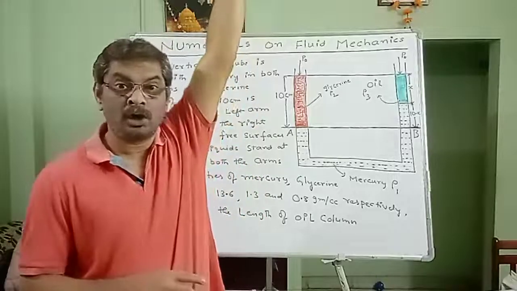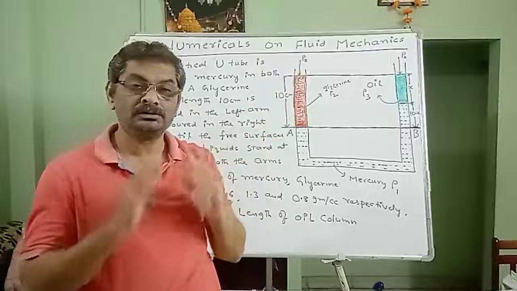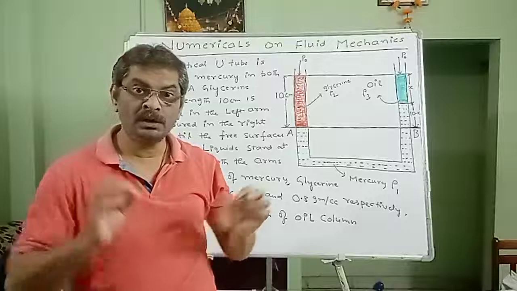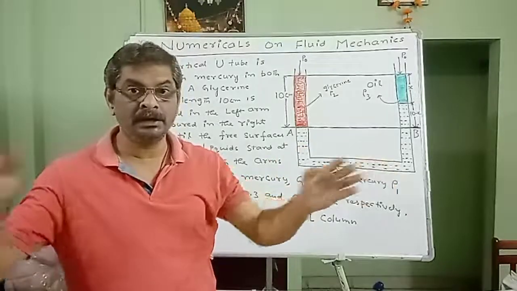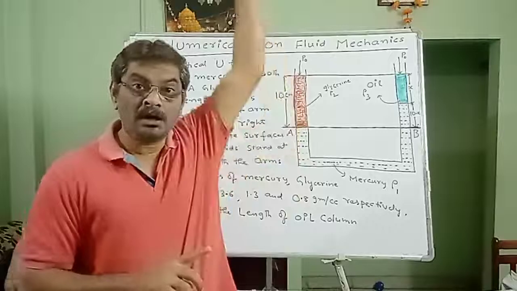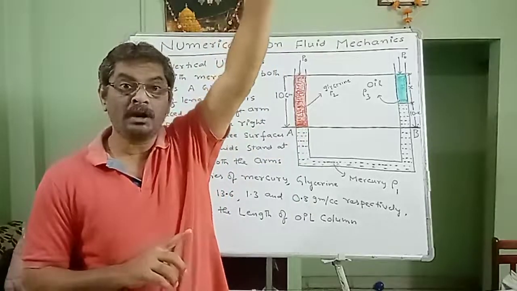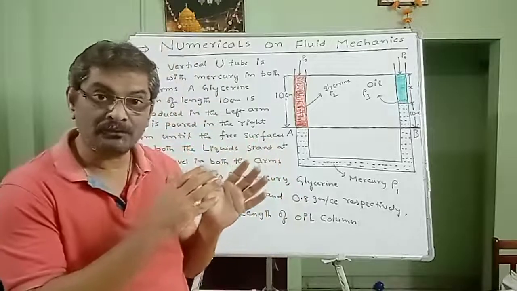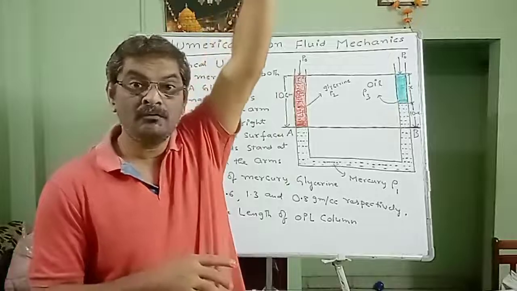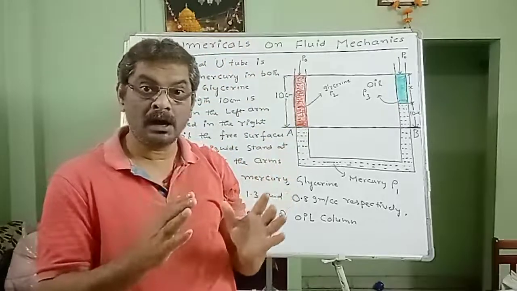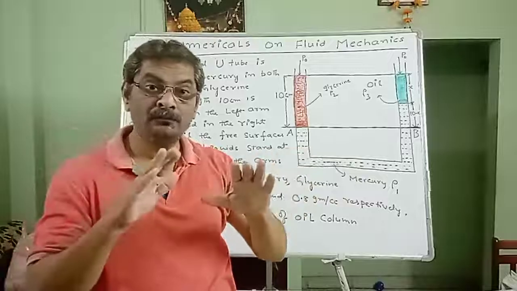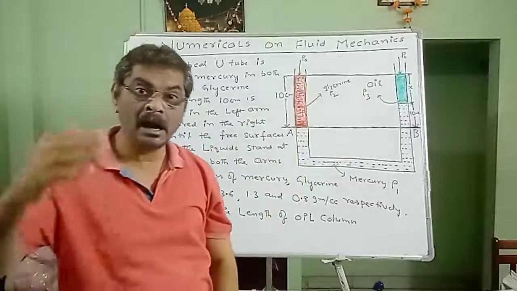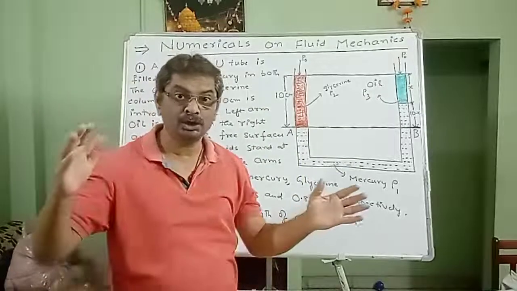So once again, remember the question. A vertical U-tube is filled with mercury in both the arms. A glycerine column of length 10 centimeter is introduced in the left arm and oil is poured in the right arm until the free surfaces of the two liquids are standing at the same level in the two arms.